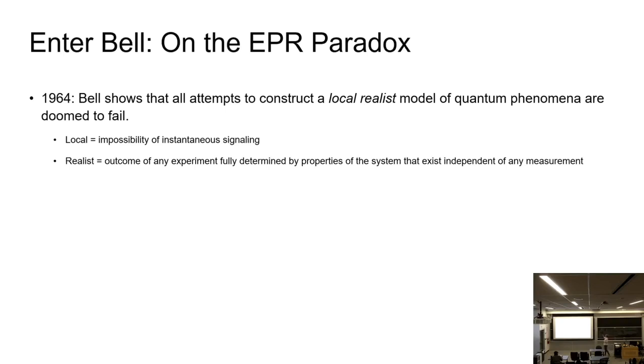And in his explanation, local is related to the impossibility of instantaneous signaling, so you're limited by the speed of light. And realist means the outcome of any experiment is fully determined by the properties of the system that exist, and they're independent of any measurement, because that's how things are in reality.